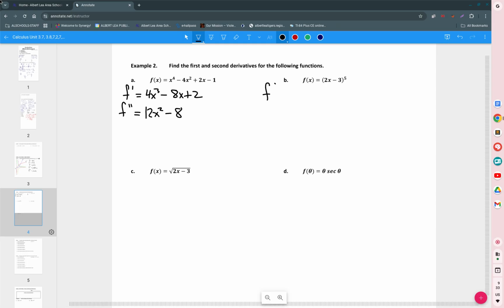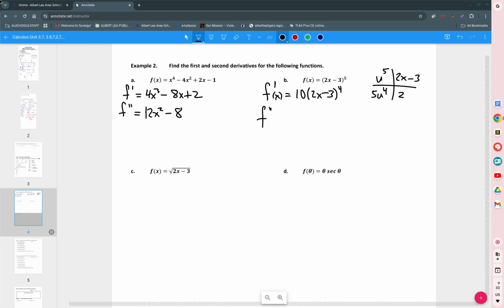How do I take the derivative of this one? Chain rule. Isn't it wonderful to have the boxes? Or would you rather multiply out 2x minus 3 five times? No? That's overrated? Whoever says that's fun, they've got a different idea of fun than we do. I got the first derivative. Next one.